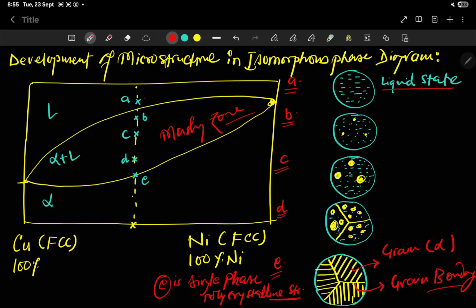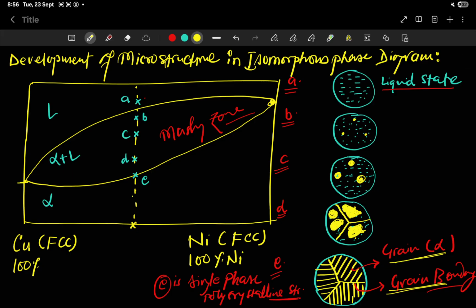Okay, and at point C this nucleation will grow slowly, and at point D the nucleation front will actually grow slowly. Liquid phase will still be present, but at point E and below this point E we will get grains of alpha phase, and the grain boundary will be present between two grains, right?